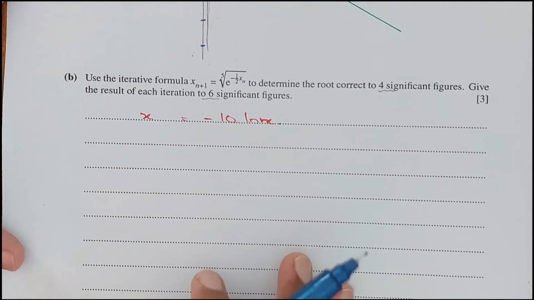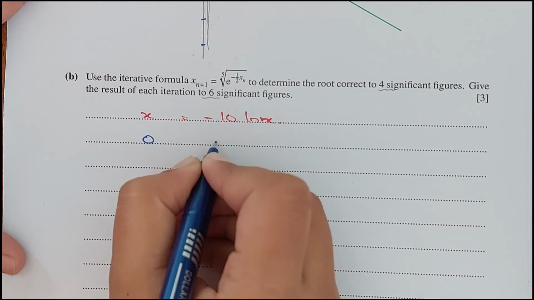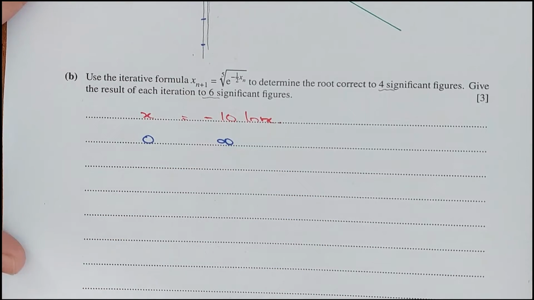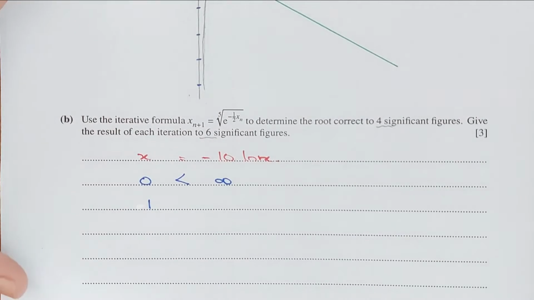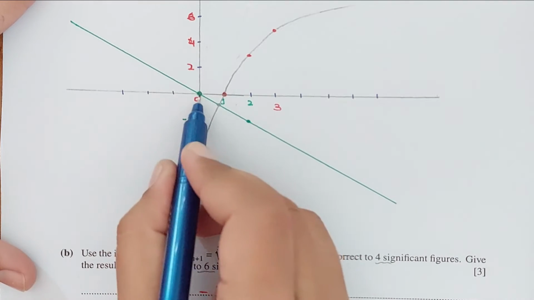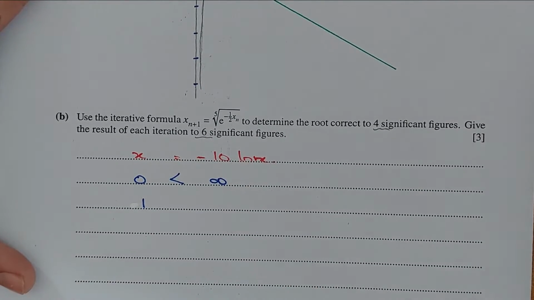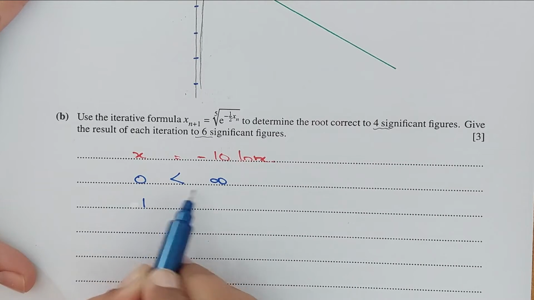So let me check at 0, and over here ln of 0 is infinity. So we can say 0 is less than infinity, right. Okay, we are checking at x values. When we put x equals 0, ln of 0 is infinity, so 0 is less than infinity.